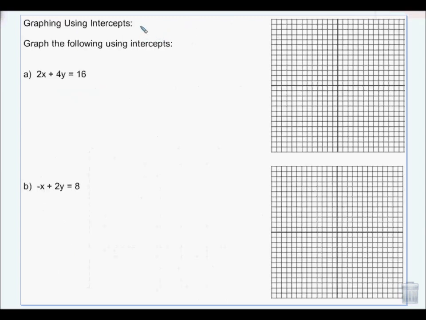You want to use intercepts when the coefficients divide evenly into the constant. Otherwise, you end up with intercepts that are fractions or decimals, and those aren't easy to graph.